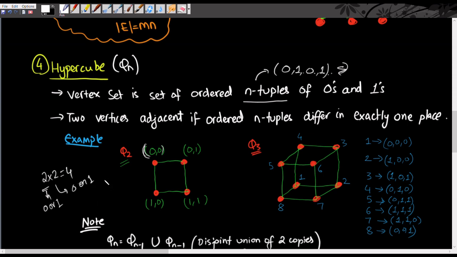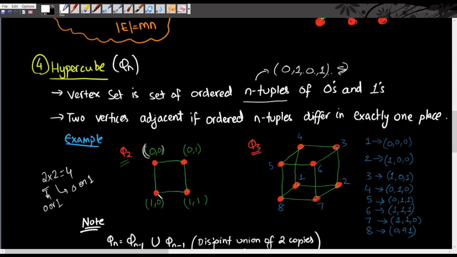So you've got 4 possible combinations, and you label them as 00, 01, 10, 11. Now you see that 00 is connected to 01 and 10 because the vertex differs by exactly one position, right? So this 0 is changed to 1 here, and for this connection the first value is changed, 0 is changed to 1.